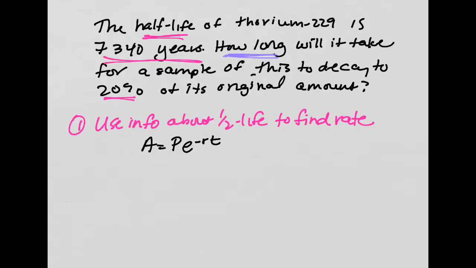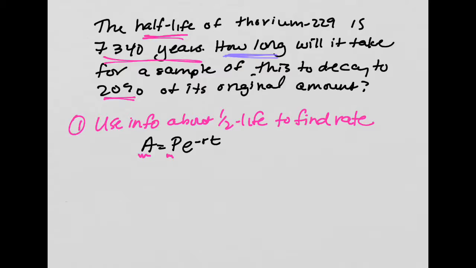Again, still using the radioactive decay formula this time. The only difference between this formula and the one we used on the last problem is the negative sign in front of the rate to indicate that we're decaying. Okay, and because it's a half-life, all we really know is that the ratio of A to P is 1 to 2.